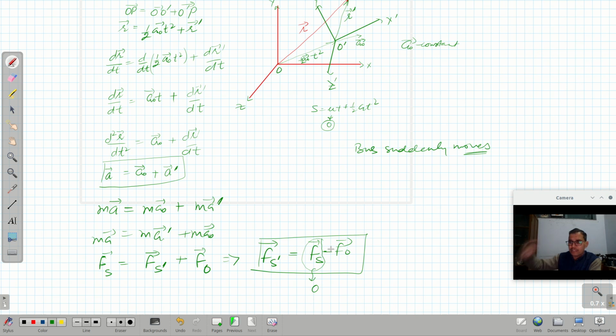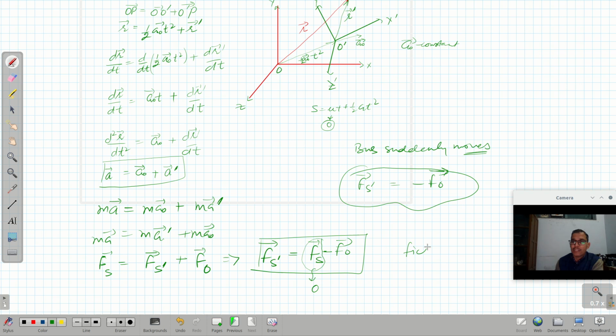But when it suddenly moves, this moving frame of reference applies some force on the system, but in the opposite direction. That means an additional force is acting on the system because of the acceleration, or because of the non-inertial frame of reference, and such types of forces are said to be fictitious forces.